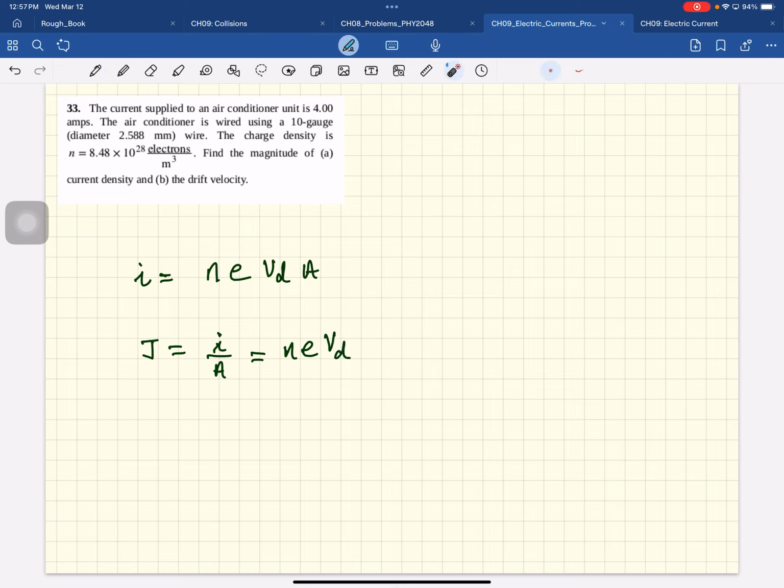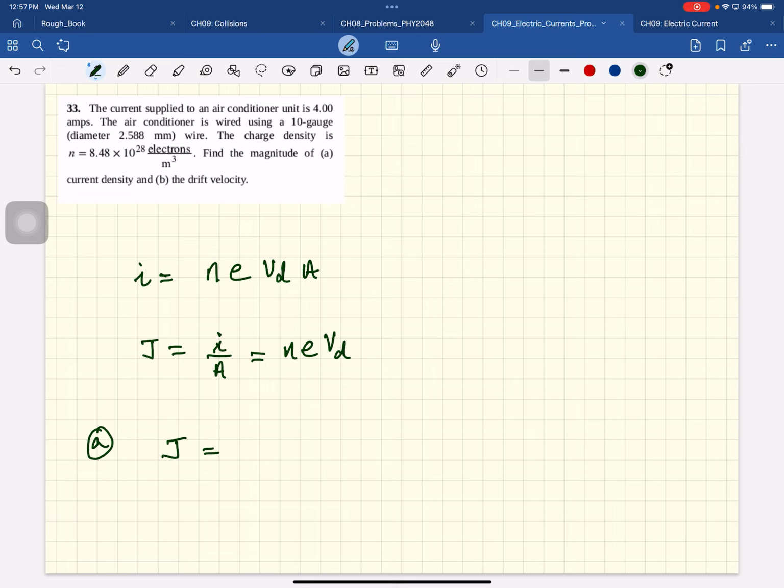They give us the current, and we have the area of cross section. Find the magnitude of the current density. Current density is current divided by area. We have those two, so let's find that first.